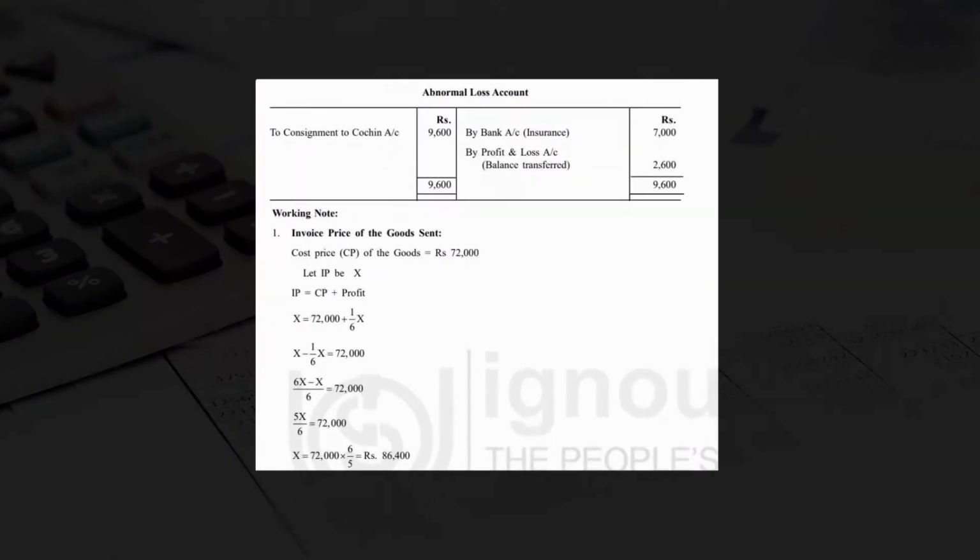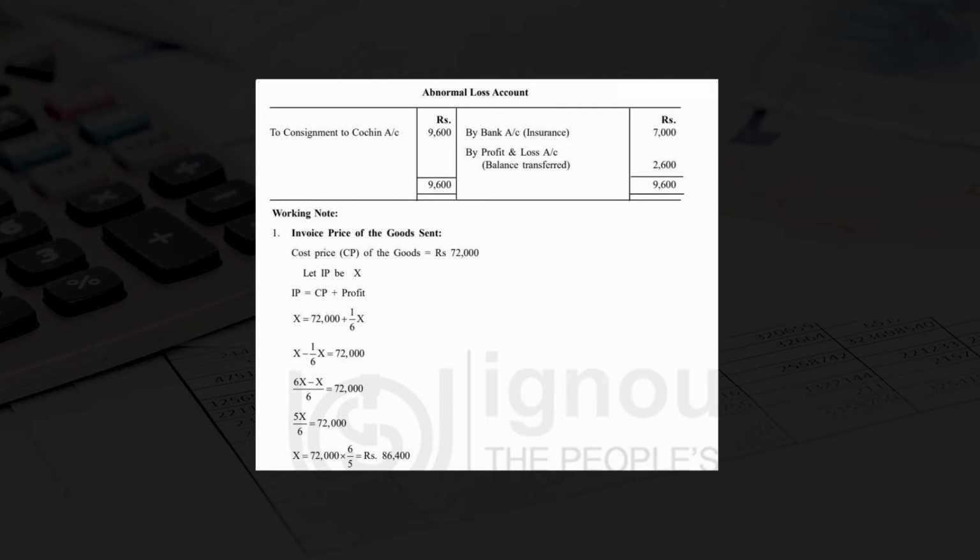Now you can see the working notes, invoice price of the goods sent. The cost price of the goods is 72,000. Let the invoice price be X. We all know that invoice price is equal to cost price plus profit.